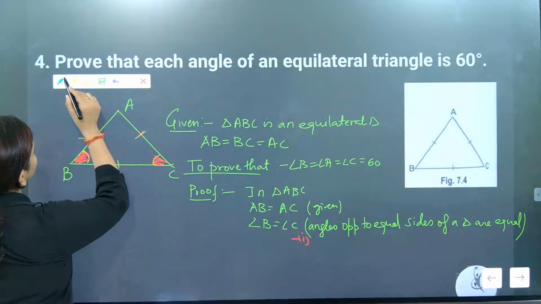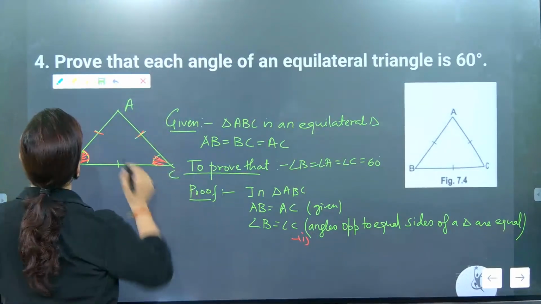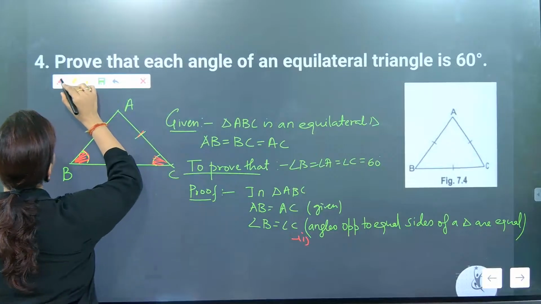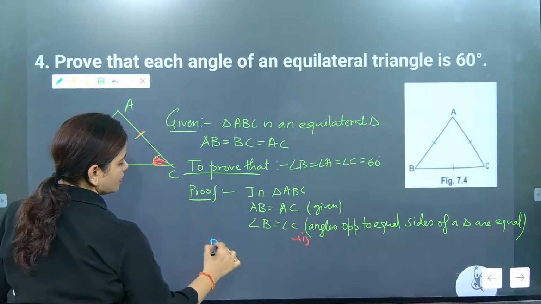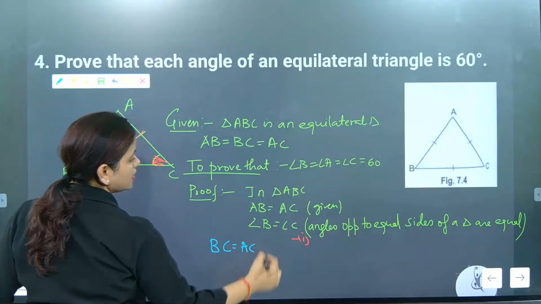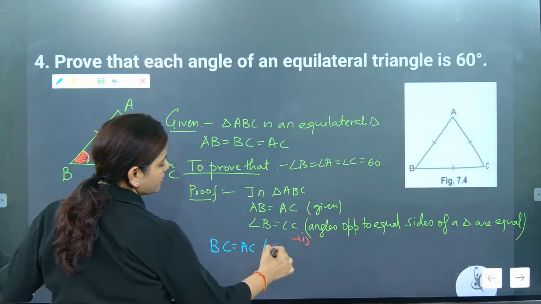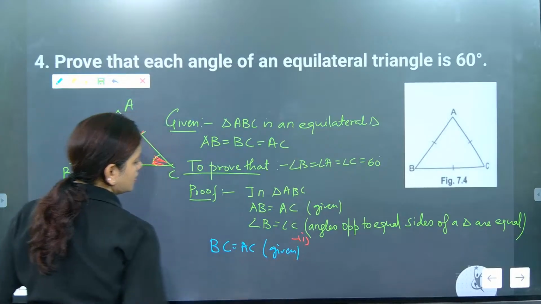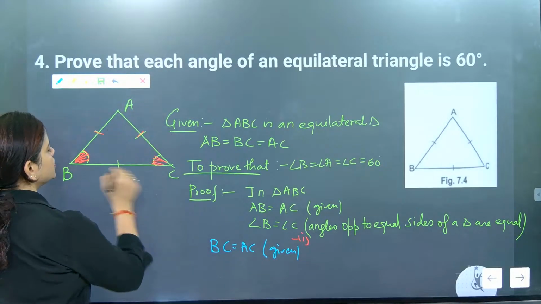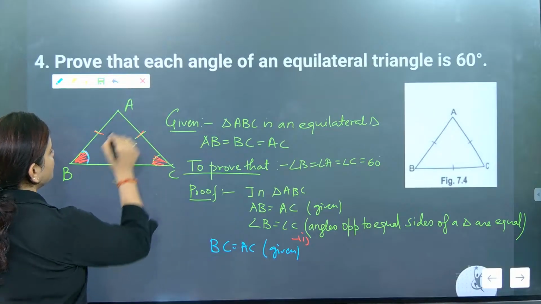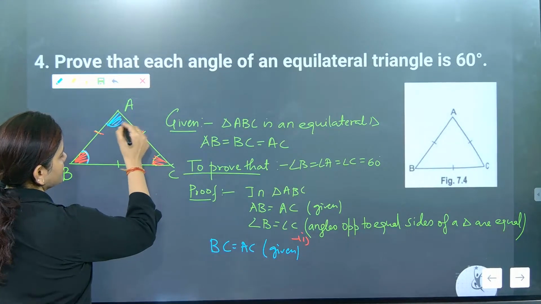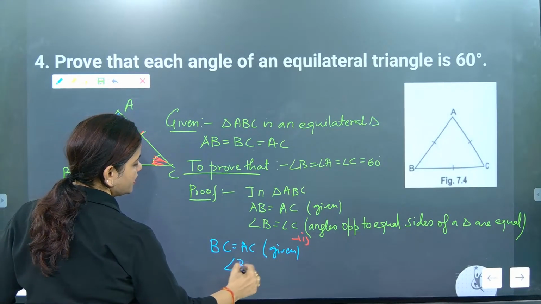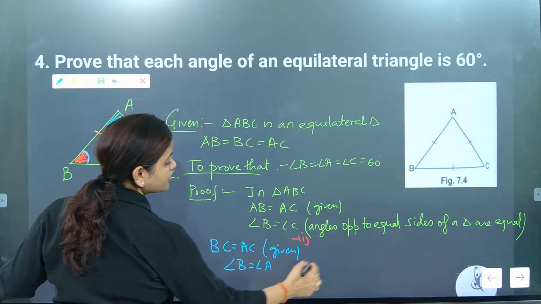Now we will write the next one. BC is equal to AC. It is again given. Now angle B is equal to angle A. What criteria?